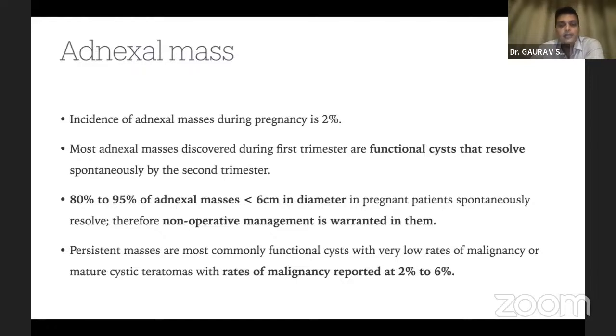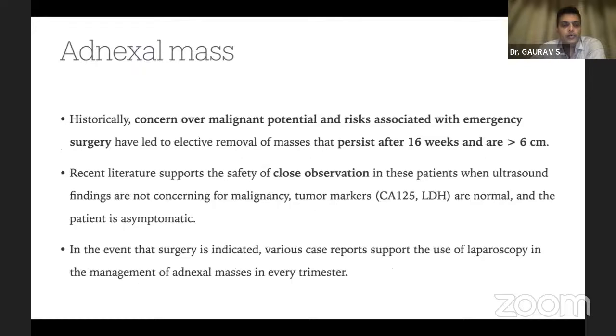Rates of malignancy are usually reported to be between 2 and 6%. And concerns over the malignant potential have led to the removal of these masses if they persist after 16 weeks. Otherwise, as I said before, one does a close observation of these patients with tumor markers and with ultrasound.